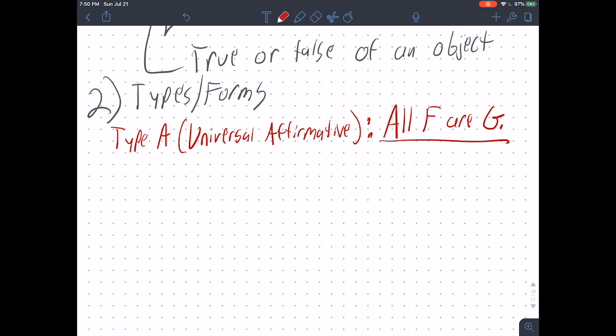So the second type or form of a term logic sentence that you might run into is type E, universal negative.